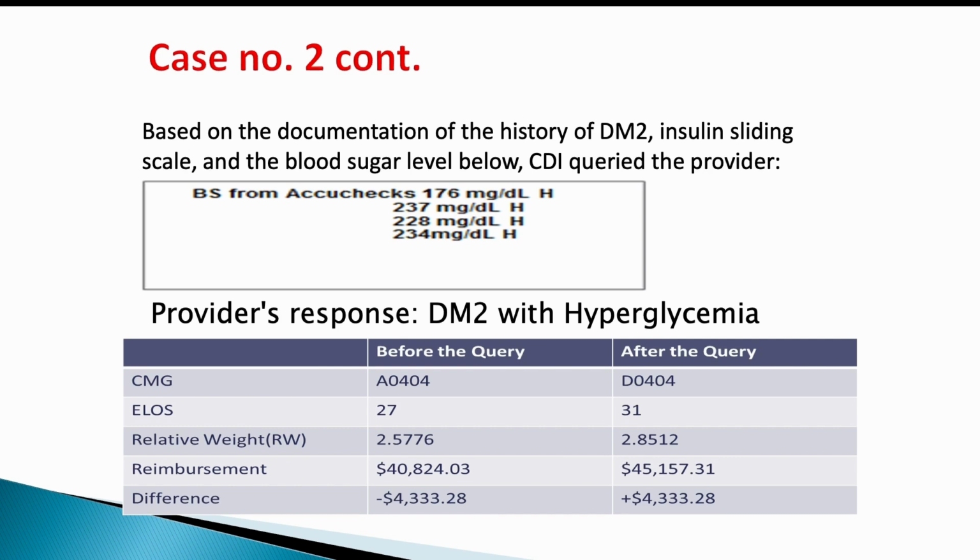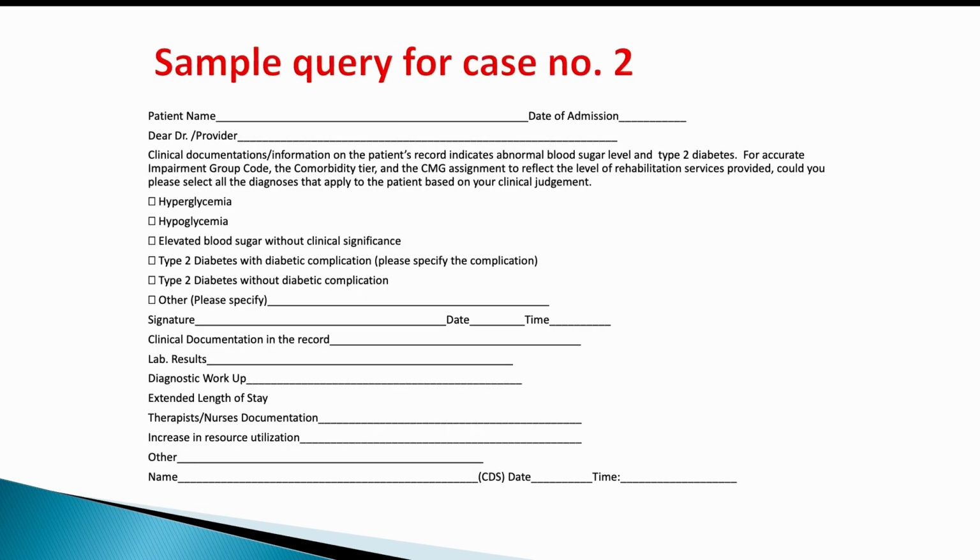Reimbursement before query is $40,824.03 and after query is $45,157.31. Difference before query is negative $4,333.28 and after query is plus $4,333.28. Sample query for Case 2.